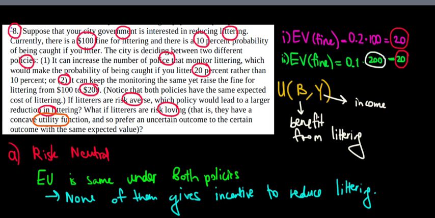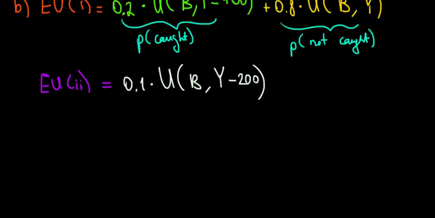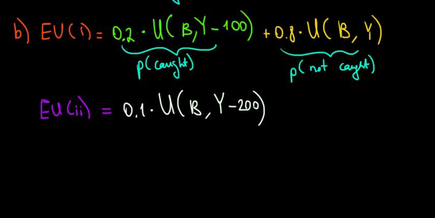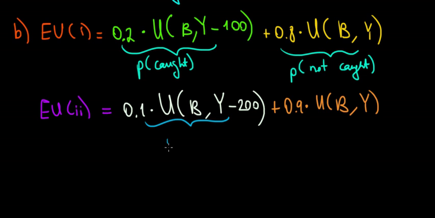So the net income left in our pockets would be whatever money that we have minus $200. And the remaining probability, which is 90%, so plus 0.9, we would get utility from the benefit of littering and the income that we keep, because in this case we keep all the money. We would not be caught. Again, let's write the highlights of what's going on here. This is the probability of being caught versus the probability of not being caught.